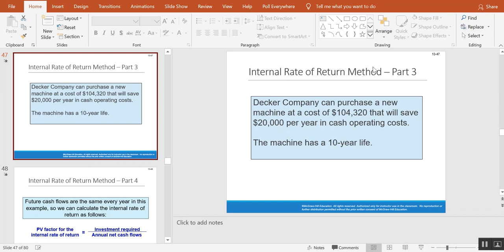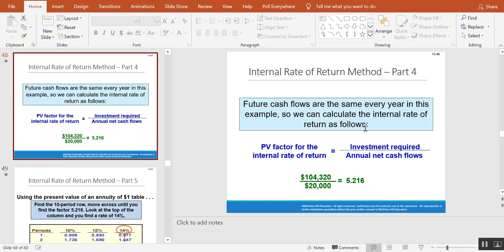So here it says, and this is an example, Decker can purchase a new machine at a cost of $104,320. That'll save $20,000 a year, and the machine has a 10-year useful life. So what we want to do for this one is find the present value factor for the internal rate of return that is equal to the investment required divided by annual net cash flows. We do that, and here we take this divided by this. Now we've got to find where this 5.216 is.